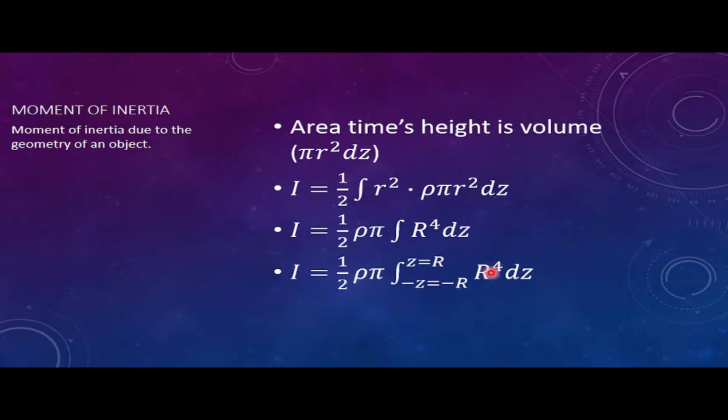So it seems easy to integrate this, but remember that there is a change in the radius as we go away from the equator, and we have to account for that change. So this is an incomplete formula because we have to account for that.